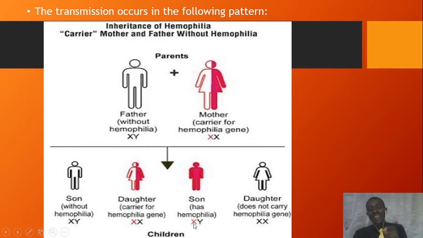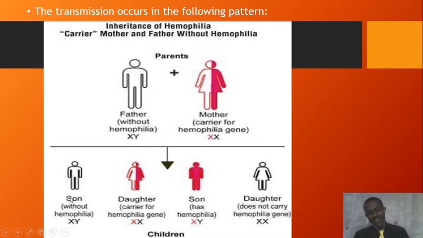And because the Y chromosome has no answer for this X chromosome, this boy definitely will suffer from both color blindness, if it is the color vision gene we are tackling here, and also from hemophilia. So the boy is going to be a hemophiliac, while the girl is not going to suffer from it. Why? Because the girl has an X chromosome with the platelet gene, which overshadows the hemophilia defect.